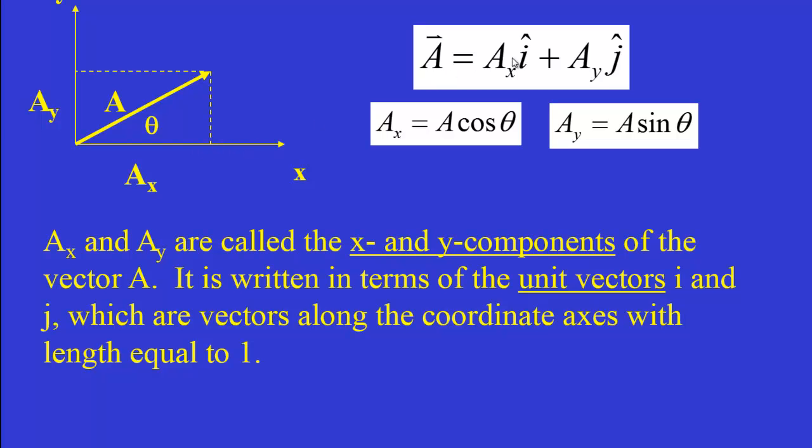And so i hat, being this unit vector, is a vector along the x direction that has a length equal to 1. j hat is a similar kind of vector along the y direction.